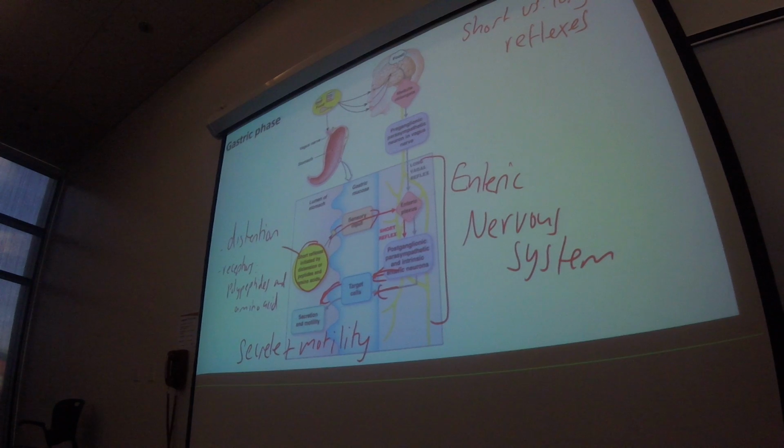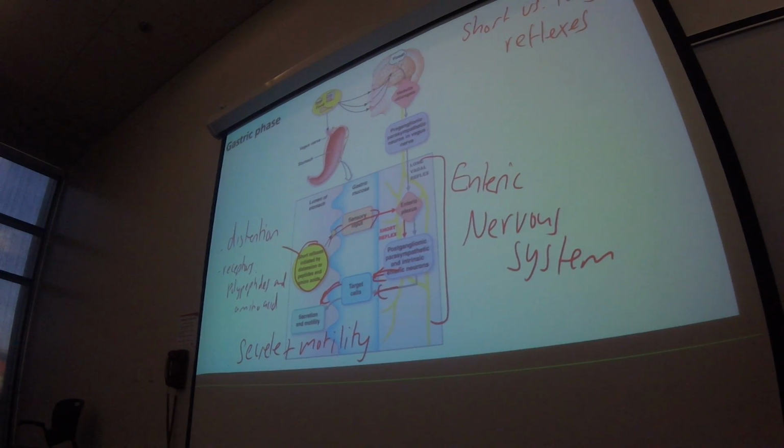Now you can have the long reflex too. So I'm going to draw the long reflex in black. So you remember those anticipatory reactions? If you see food, smell food, even hear food, hear the microwave going, your GI tract is going to get ready to go. It's going to start secreting stuff. It's going to prepare to digest food. And so that's part of the long reflex.